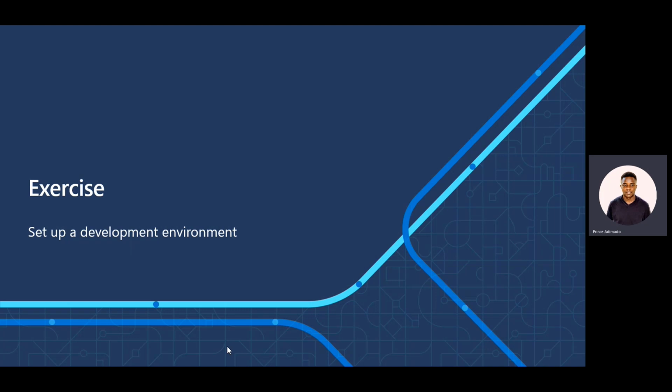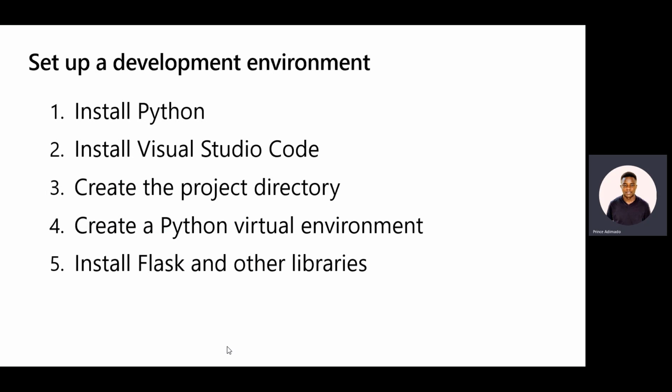This one is the workshop, so it's a module. I'm taking you through, step by step, how to build for yourself an AI web application that translates text between languages. So you are going to install Python and Visual Studio, create a project directory, create a Python virtual environment, then install Flask and other libraries.